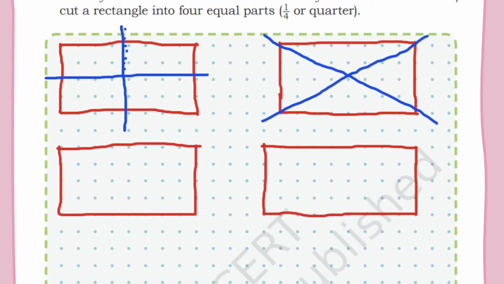Four equal halves. And what else can we do? Yeah, we can try this one. Four equal halves and a zigzag one.